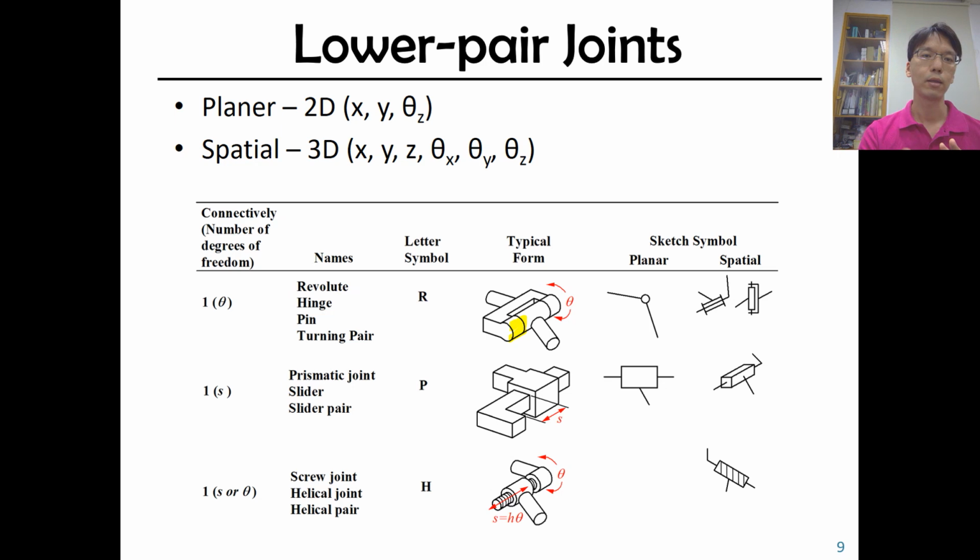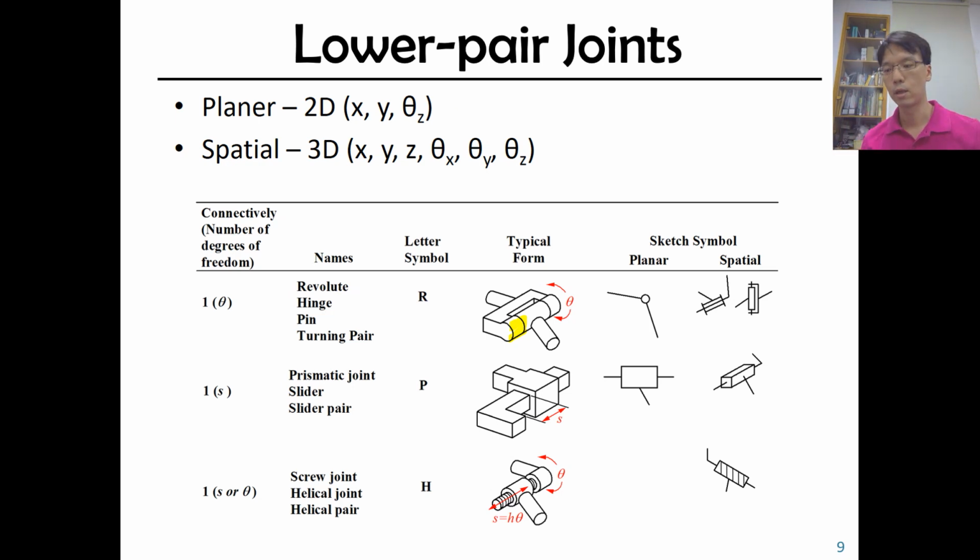So for planar mechanisms, what variables does a planar mechanism have? It has three variables, which are x, y, and theta.